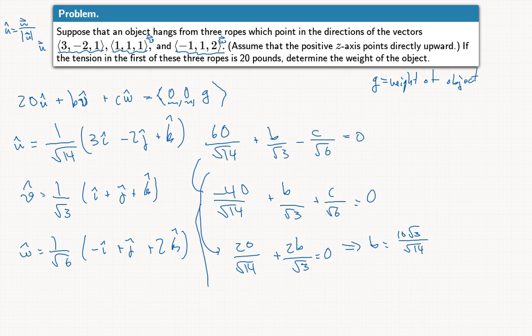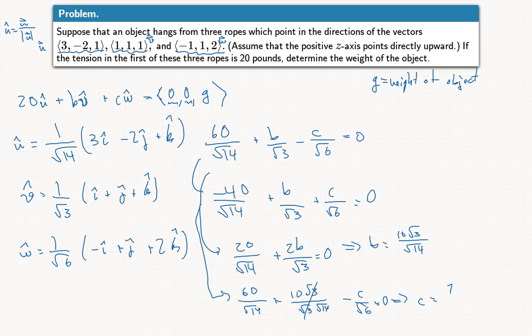Now we substitute that back into our original equation. So now we get 60 over root 14 plus 10 root 3 over root 14 over root 3. So this cancels. Then minus c over root 6 is equal to 0.